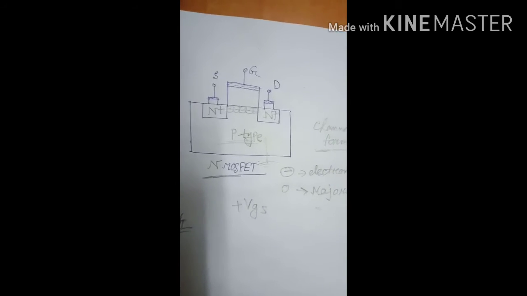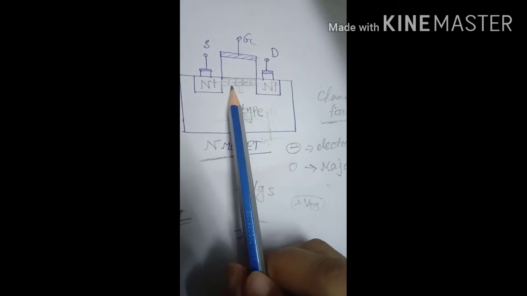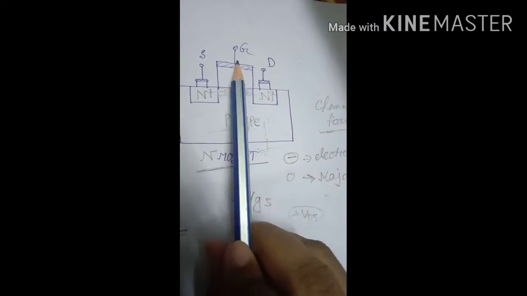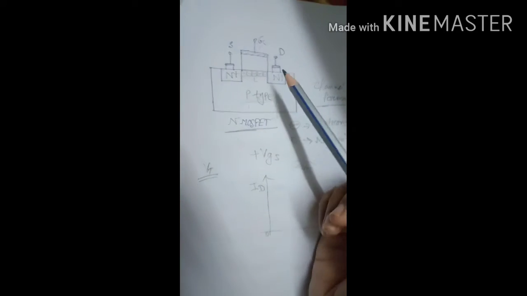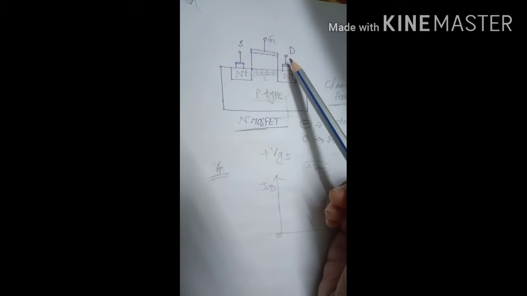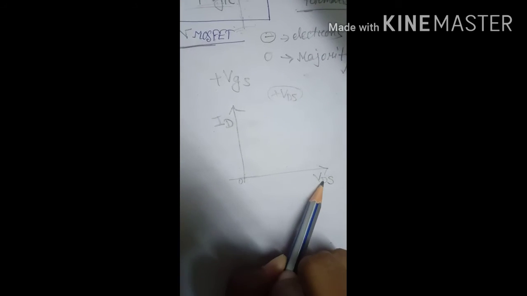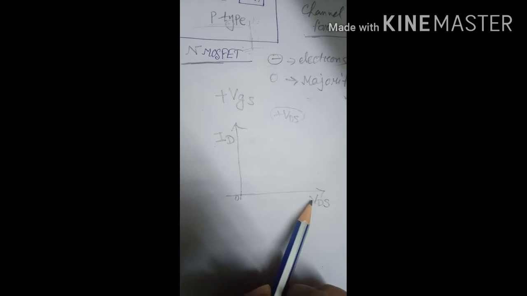Now come to the main. So in this case, a uniform channel will be formed under the gate region. Now if we apply positive VDS, that means drain to source voltage, then what will happen? Come to this graphical representation. This is VDS and this is ID, drain to source voltage and drain current.